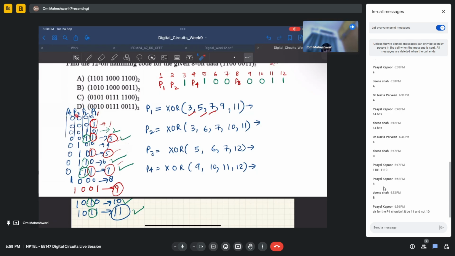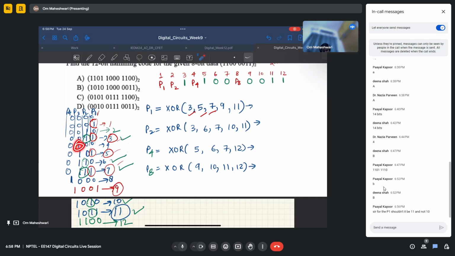Similarly, in the third bit, wherever 1 comes in here, it is 4. 4 itself is the parity bit. It should have been P4, sorry. P4 and P8. So it is 5, 6, 7, and 12 will also have it. 12 is 1100.